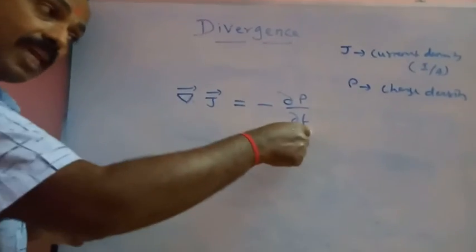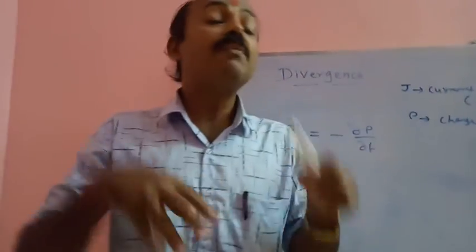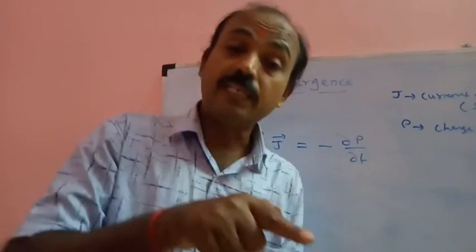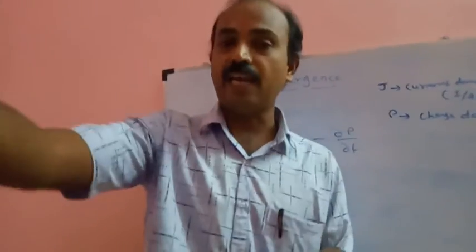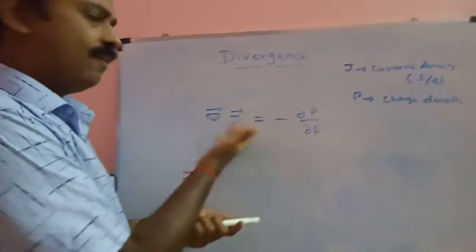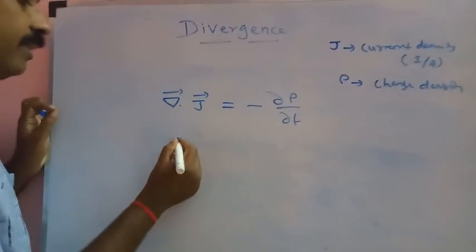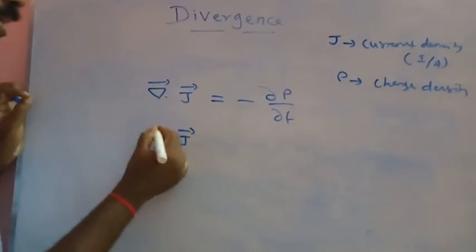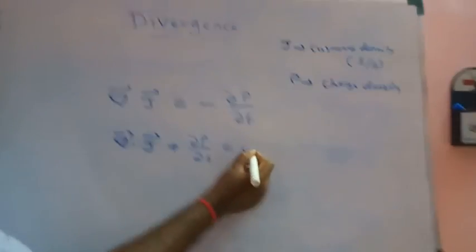This is a very important point: after taking the divergence of a vector, it is a scalar. The divergence of a vector is a scalar. So when you take this, del dot J plus dou rho by dou t is equal to 0.